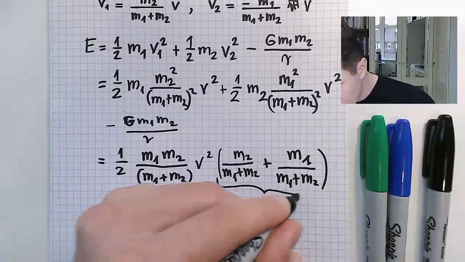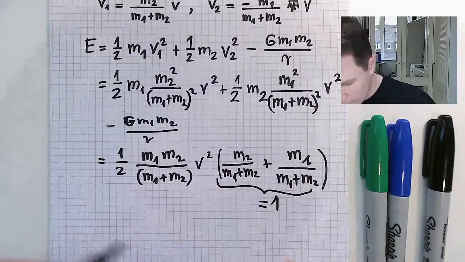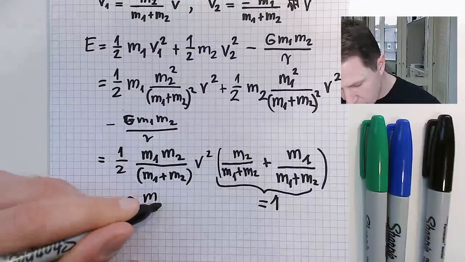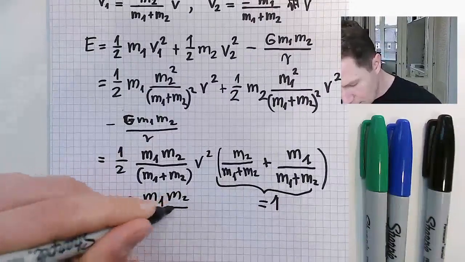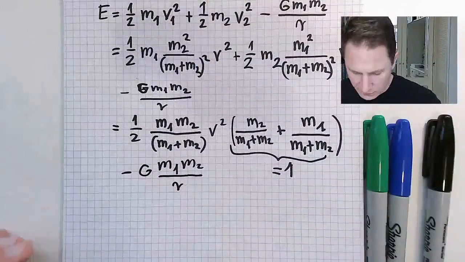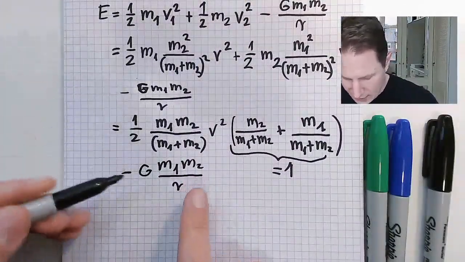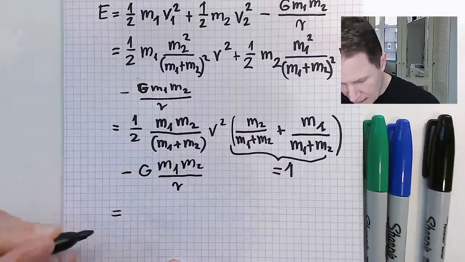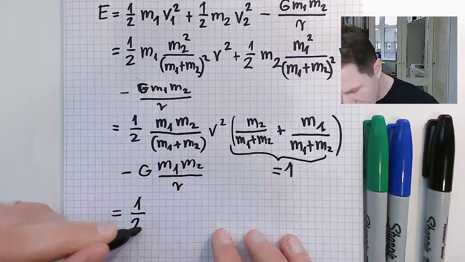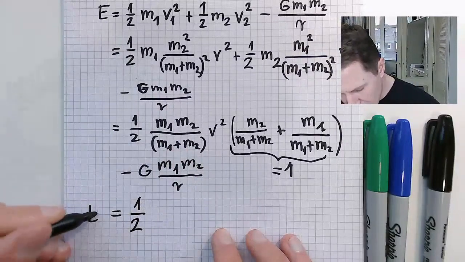So this right here is equal to 1. Of course I have to remind myself to include the gravitational potential energy, which is something I've been carrying with me. So now I have the following expression for the total energy.